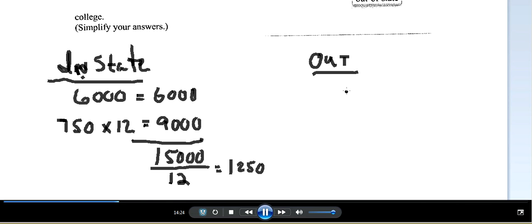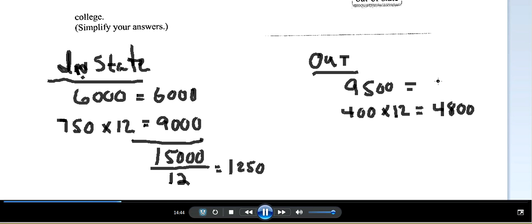The out-of-state college is $9,500, and then rent there was $400 a month. Okay, so that's going to give you your $4,800 here, and $9,500 is $9,500. Just lining them up is what I like to do. I add these up and I get 14,300.